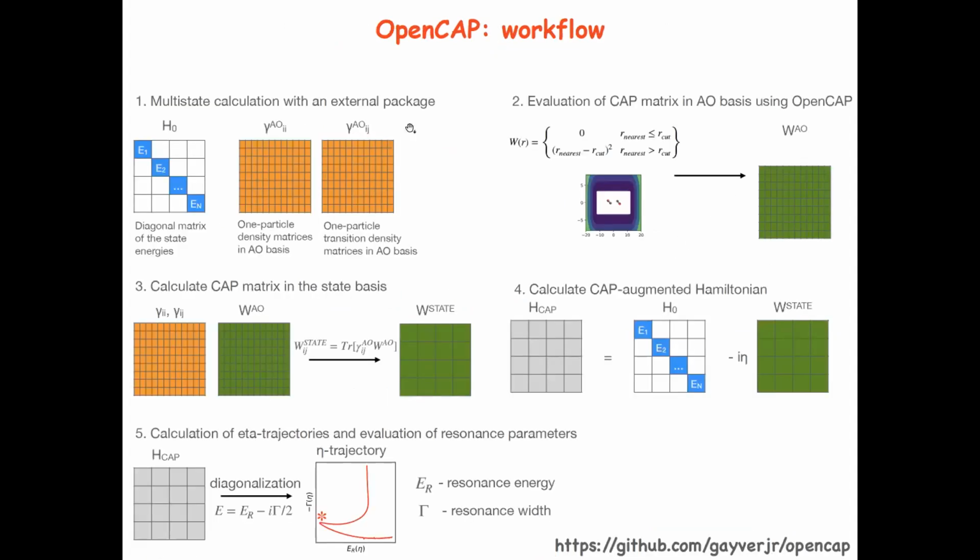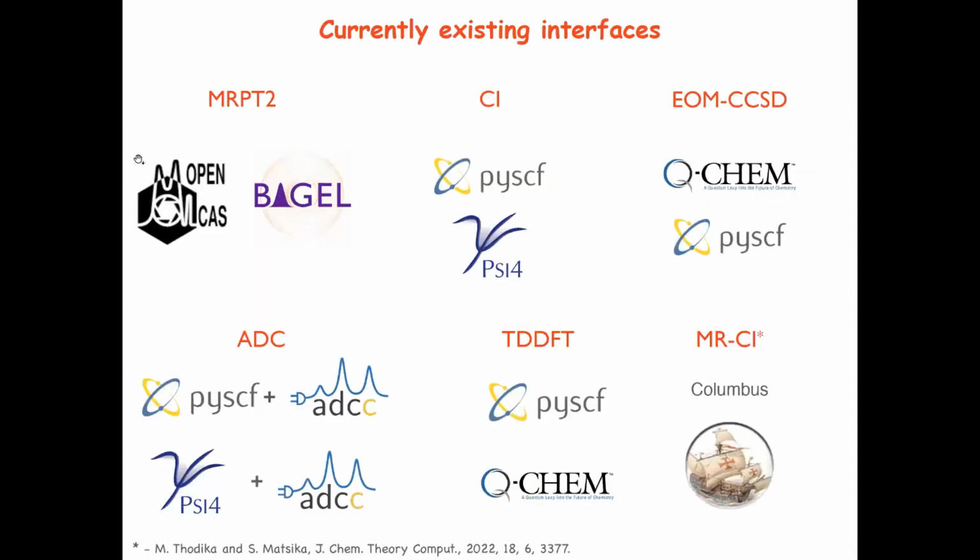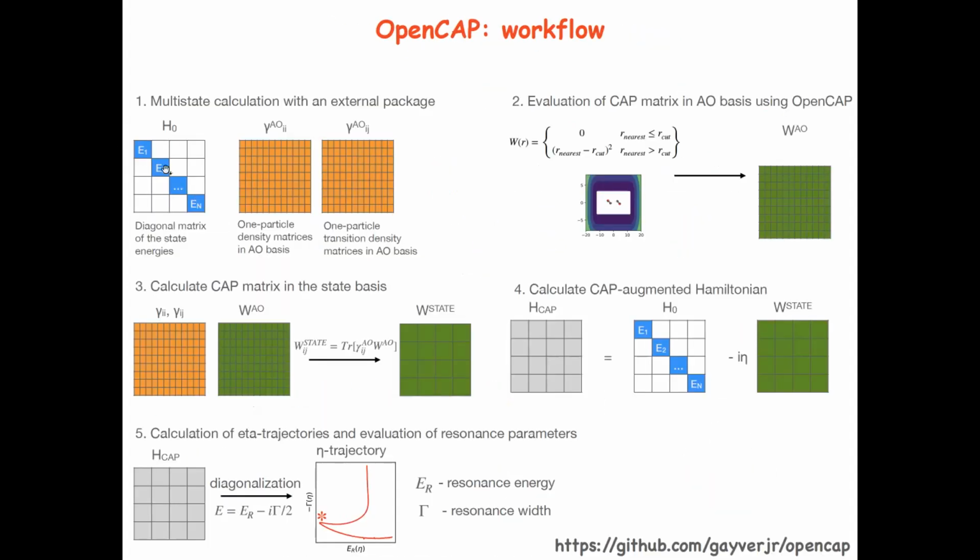More precisely, the workflow looks as follows. We start with, again, an electronic structure calculation, which gives us the zero order electronic Hamiltonian, typically diagonal, so energies. When I say zero order electronic Hamiltonian, I mean zero order for projected CAP, if we consider CAP as a first order perturbation. So it's not the zero order Hamiltonian in multi-reference perturbation theory. We extract energies, and we extract one particle density matrices and one particle transition density matrices for the subset of states we work with.